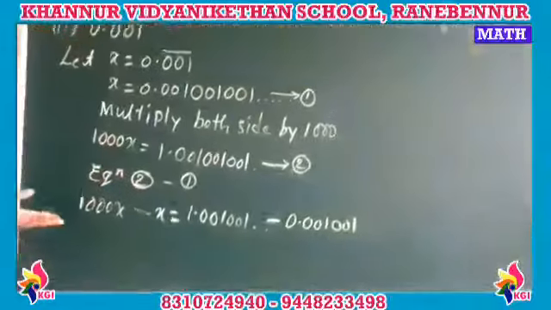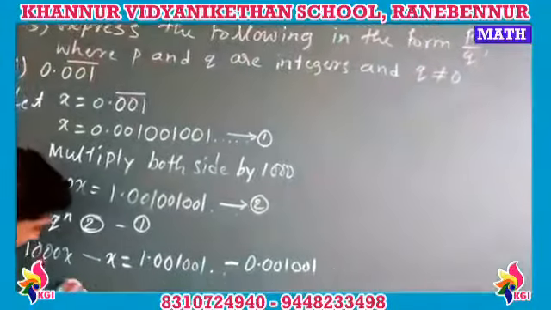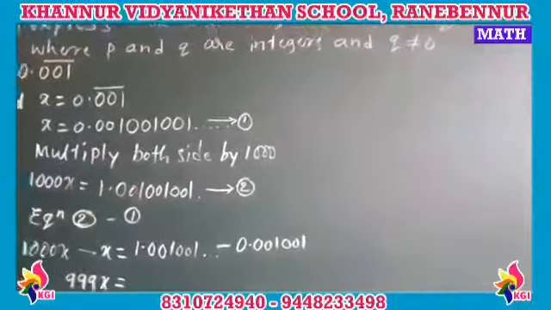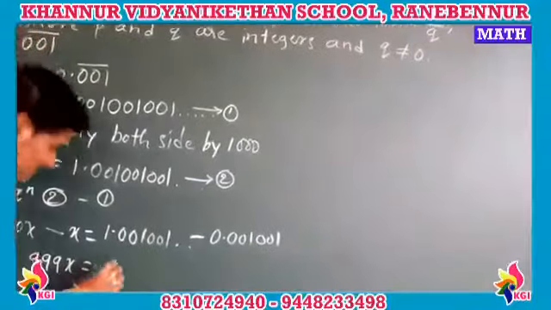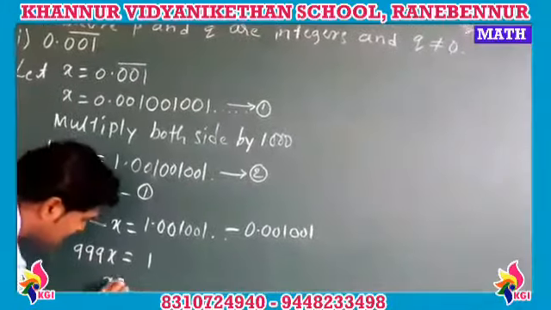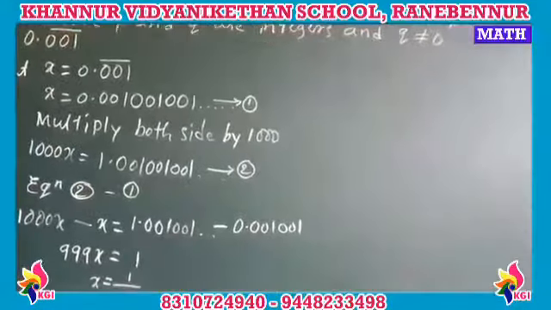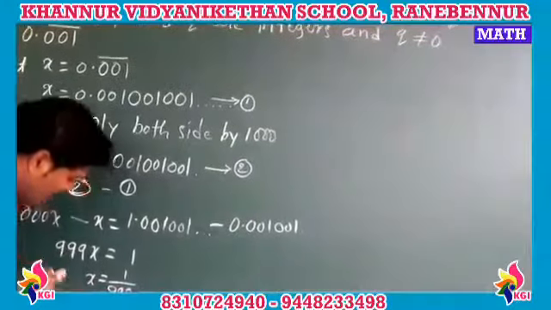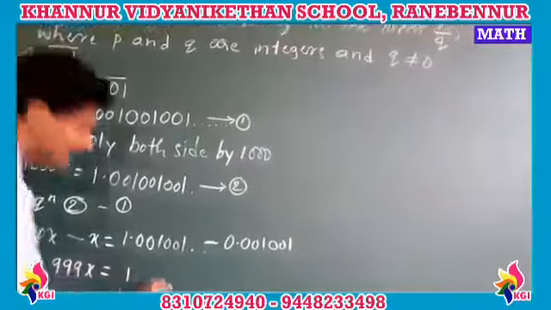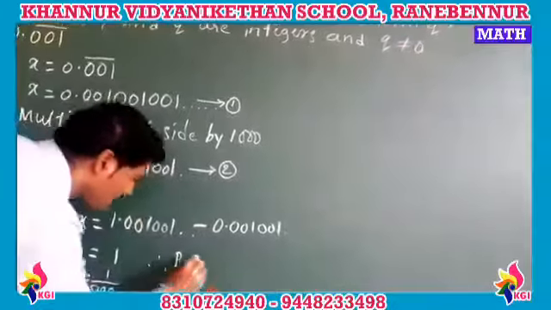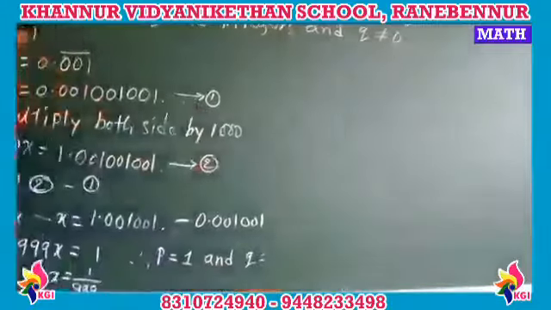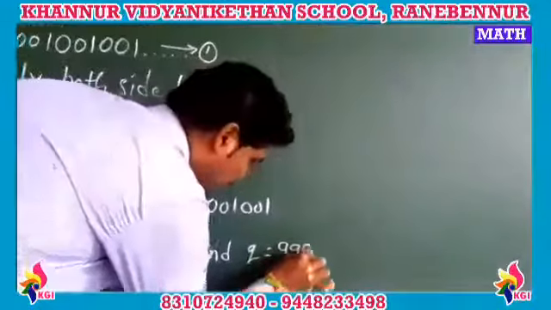When I subtract, what am I going to get over here? 999x. Subtract it out. We are going to get just 1. So if I get 1, I want to find x. x is equal to 1 divided by 999. Why? Because this multiplication is going to become a division if it goes to the other side. Therefore, p is equal to 1 and q is equal to 999. Understood, children?